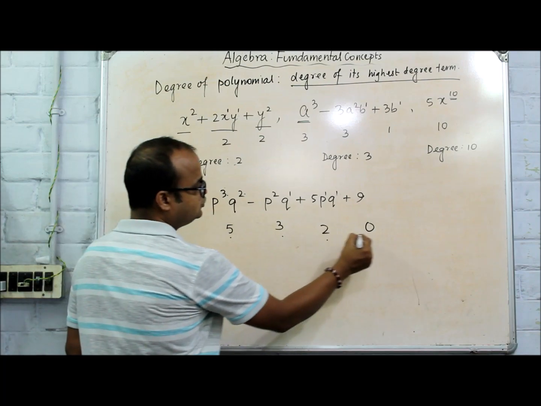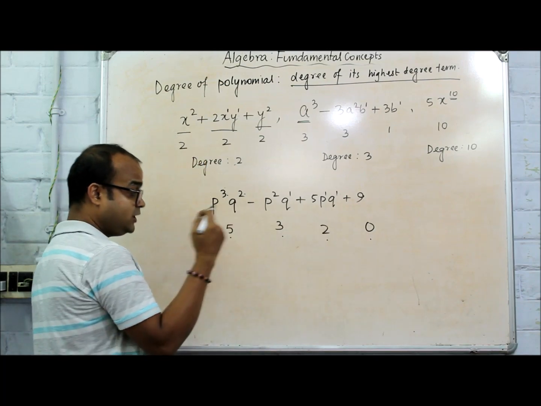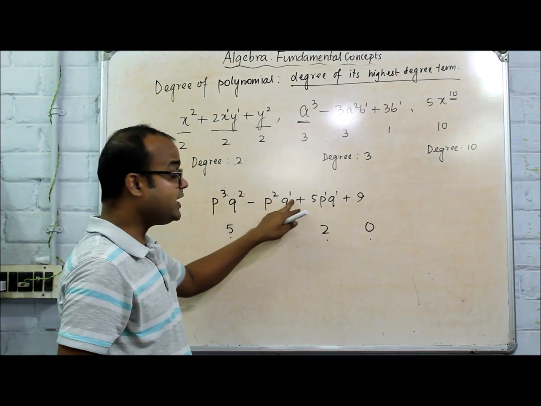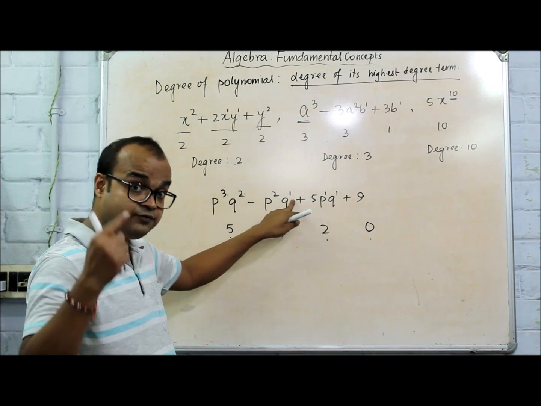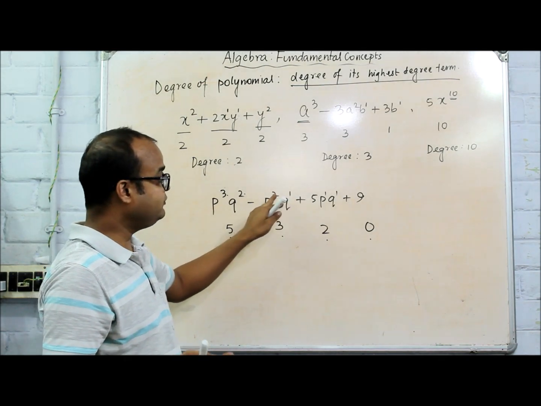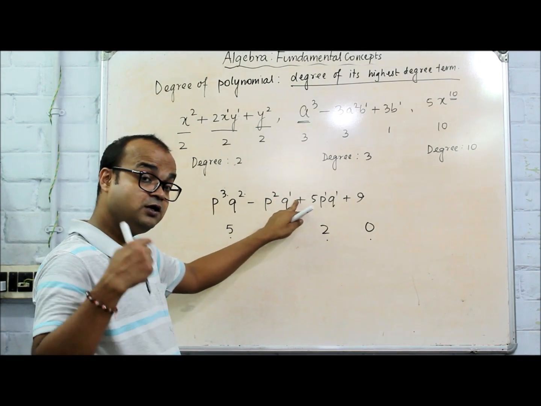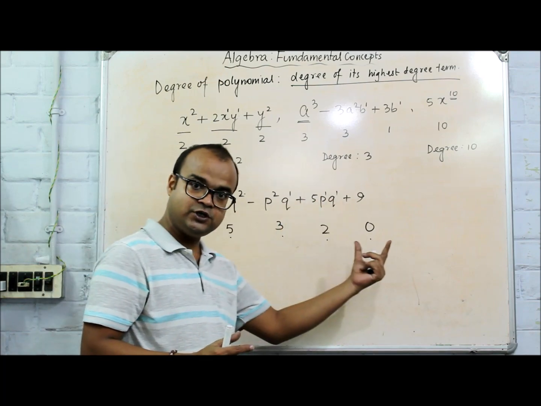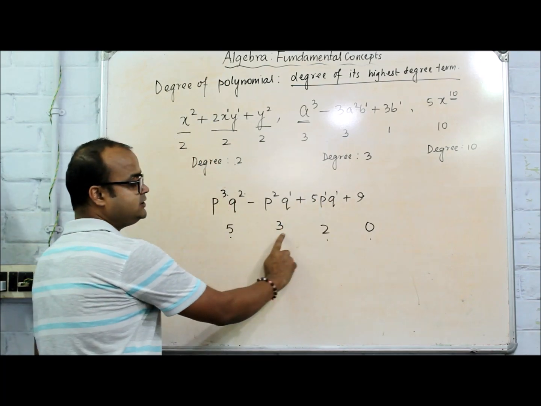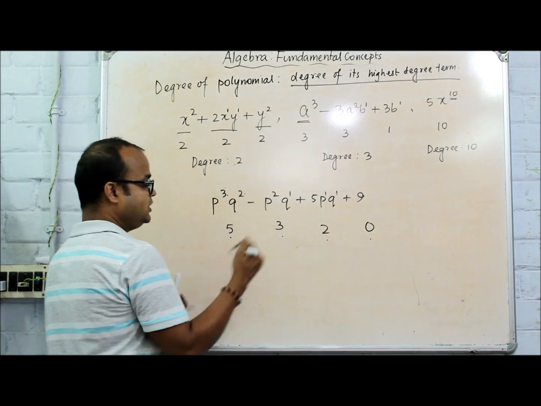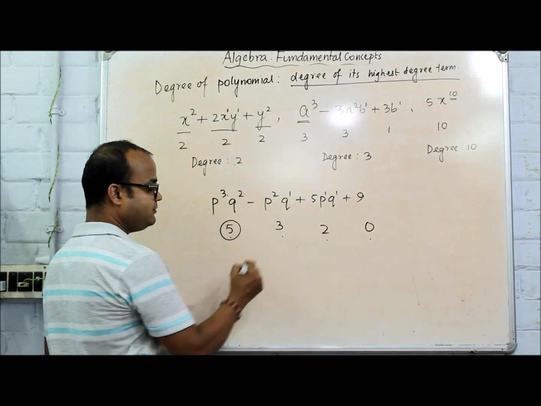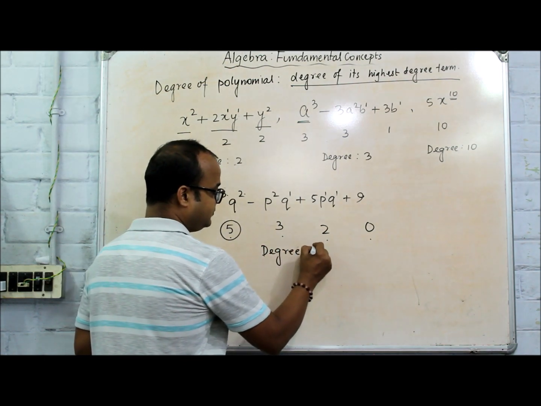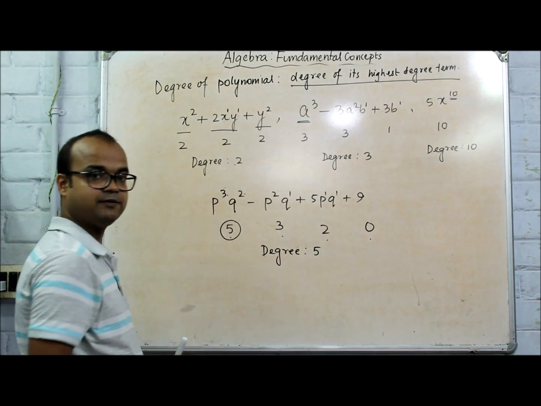So 5, 3, 2, 0. Now see, one thing again, we are counting the sum of the exponents. If more than one variable is involved, then we count the sum of the exponents to decide the degree of the individual term. Once we decide the degree of each term, the highest degree is 5. So degree of this polynomial is 5.